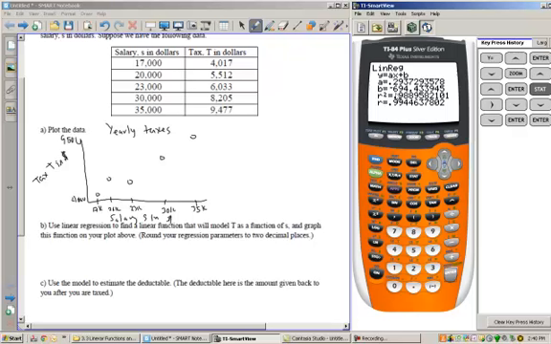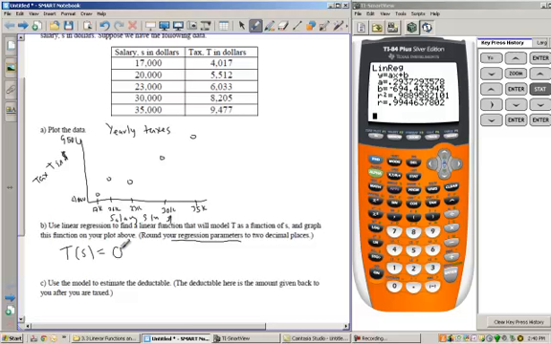The output they use here is the letter y. I'm going to use T, so I can say T, the taxes I pay, a function of S, is equal to 0.29 rounded at 2 decimal places. That's what this fancy statement says, round regression parameters to 2 decimal places. So 0.29.